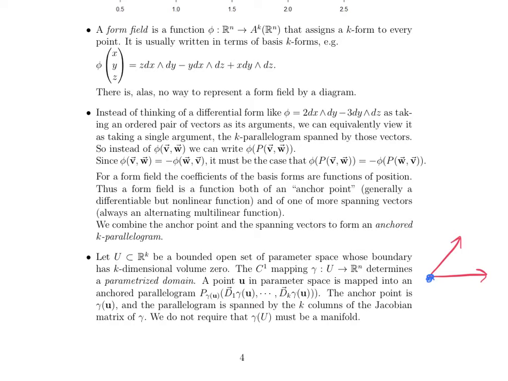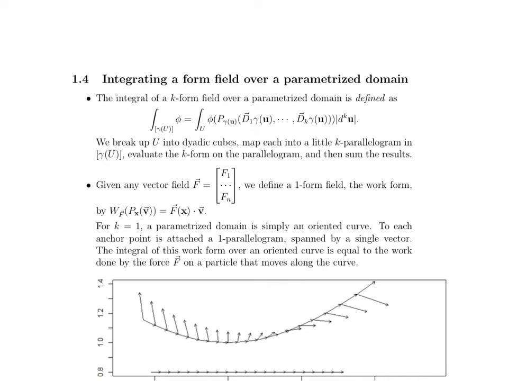When we want to start playing around with form fields, in a particular subset of Rk, we need to be able to describe that subset, and then we need to be able to describe those parallelograms, not just where they're anchored, but also the vectors that span them, all in the same language, and that's why parameterizations come in handy here. It should not come as a surprise that our next topic is going to be how to integrate a form field over a parameterized domain. I suppose I kind of let that hint go in the last couple seconds on the previous slide.